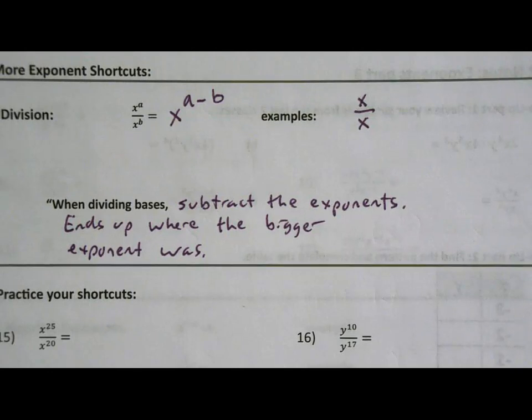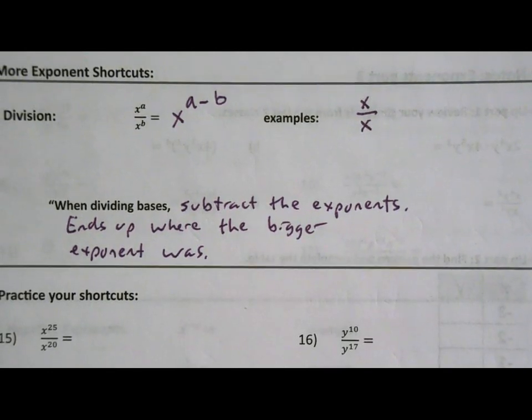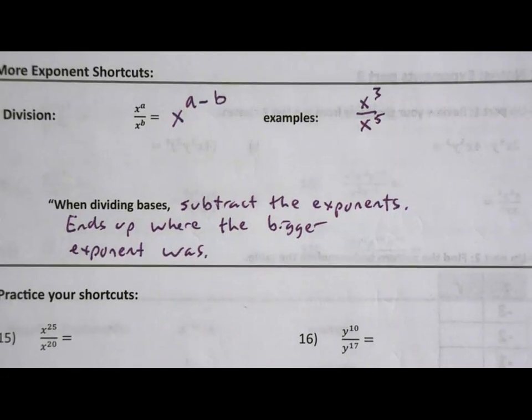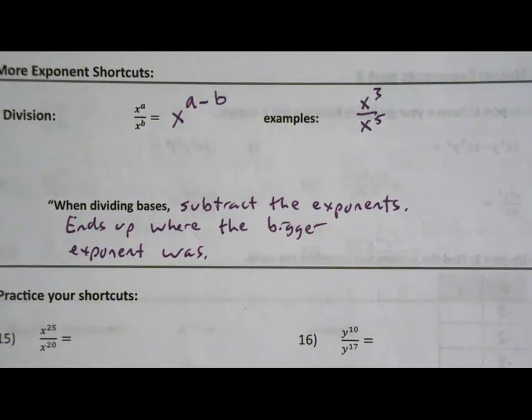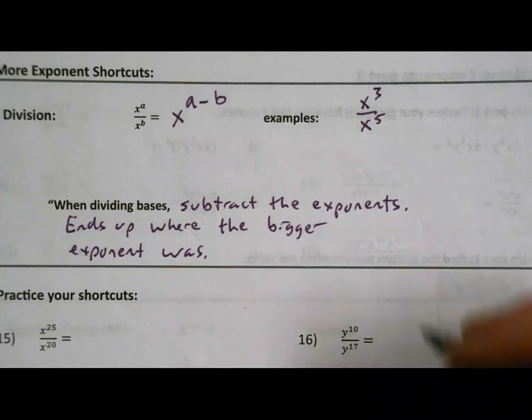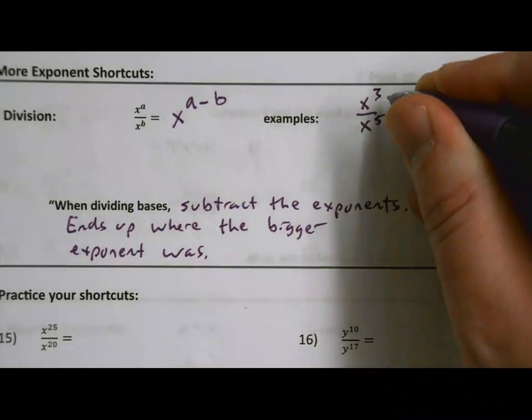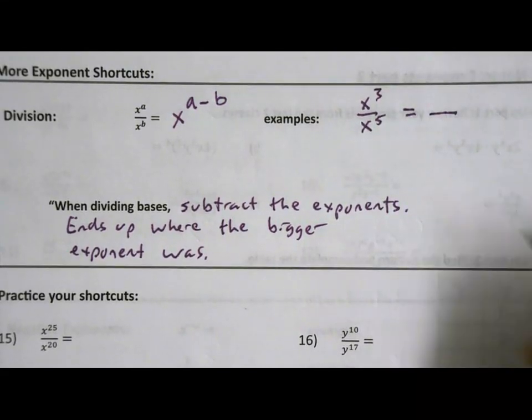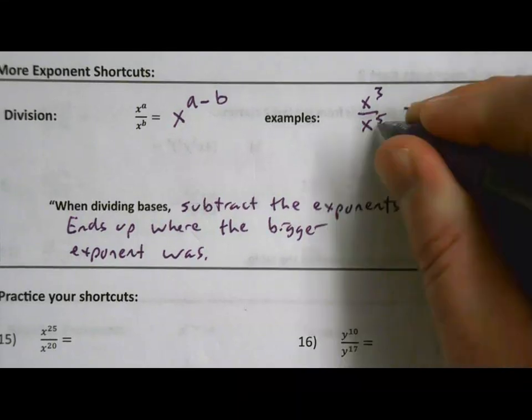Winter, what do you got? Give me a couple numbers here. Three and 5. That is an excellent example. I love it. 3 and 5. If we were going to do this problem, we would clearly do 5 minus 3, which is 2. And where would they end up? On the bottom, because that's where the bigger ones started.